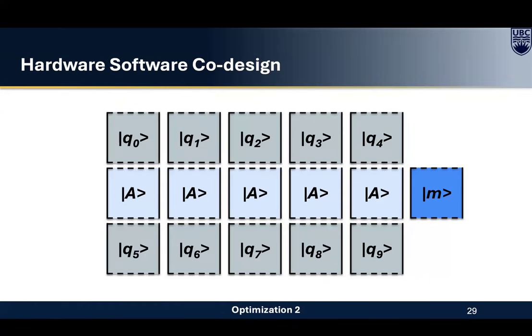So those magic states, once prepared, are usually outside your typical computing region. So I'm showing it here as an example. So for any logical qubit that is trying to consume this magic state, you're gonna require ancilla routing between itself and the target magic state.